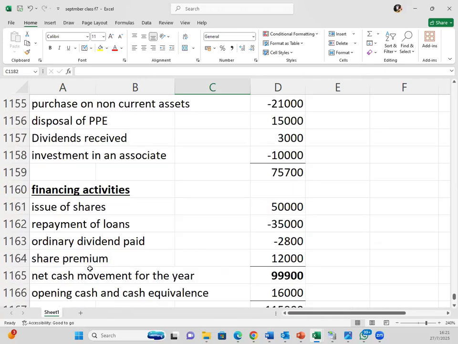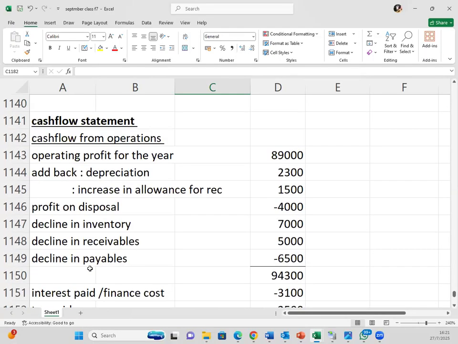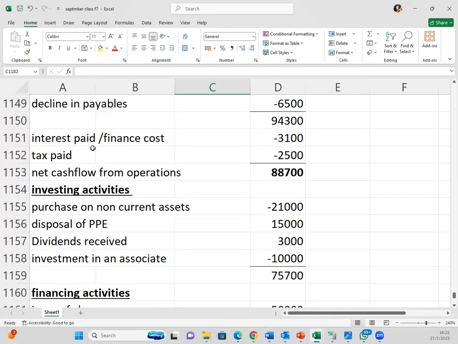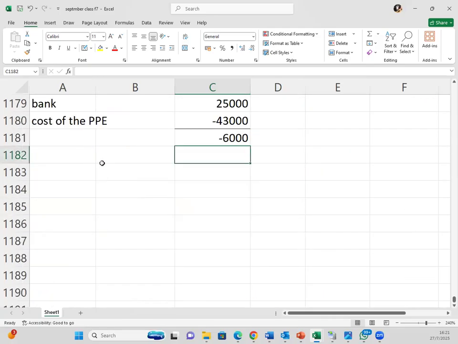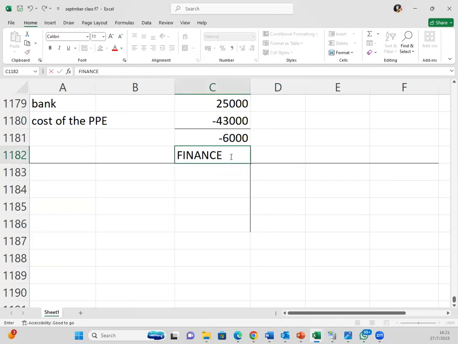So after the depreciation and the disposal, you must also be familiar with how you work out the finance cost. So for the finance cost, you open the finance cost account. The finance cost is likely to be given with opening and closing balance. The opening balance is on the credit side.